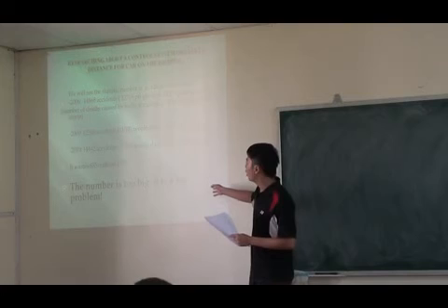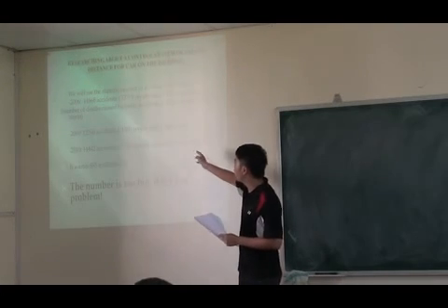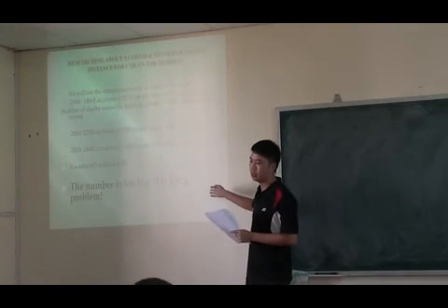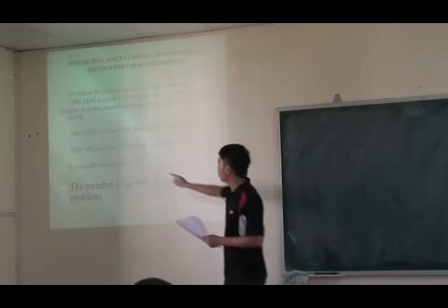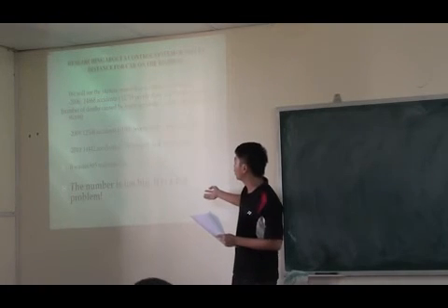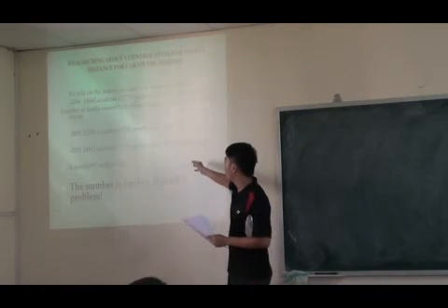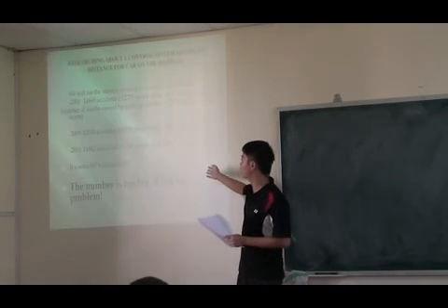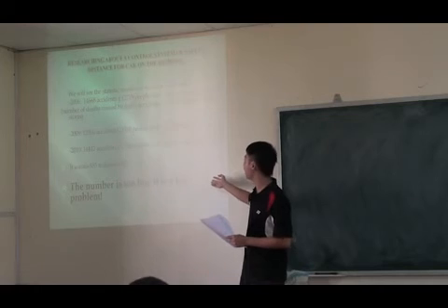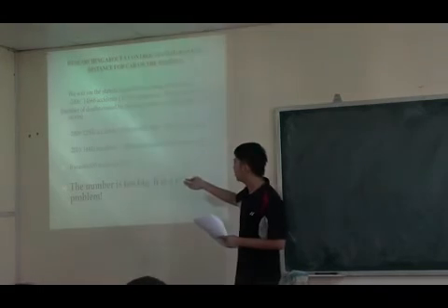In our research we can see the statistics of the number of accidents in Vietnam. In 2006, you can see the number of accidents and the number of people who died, and let's make a comparison.